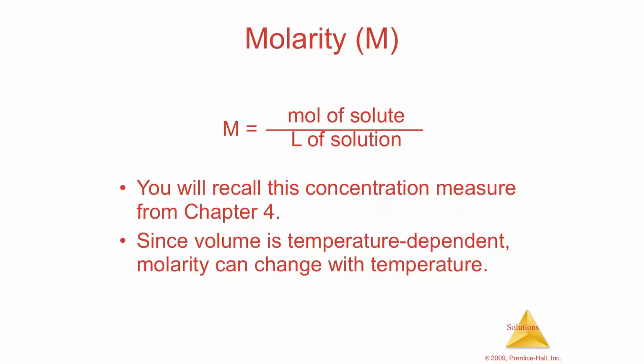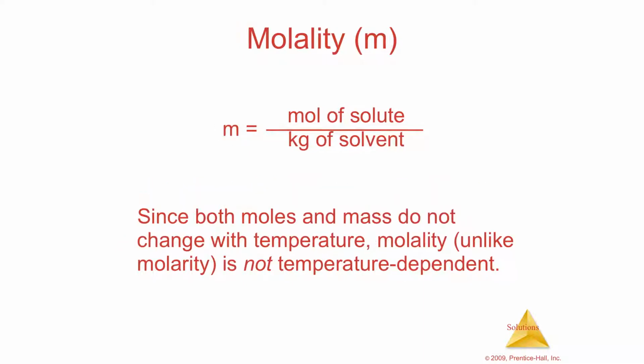And if you have something like, say, melting ice with salt on the road, where you're changing the temperature of a solution, you would measure something in molality rather than molarity. But molarity, capital M, is moles of solute over liters of solution.